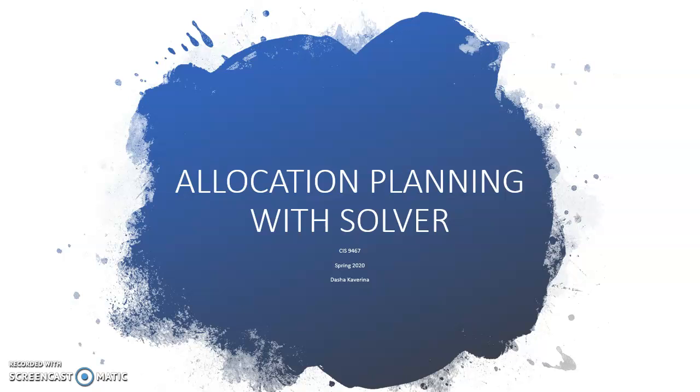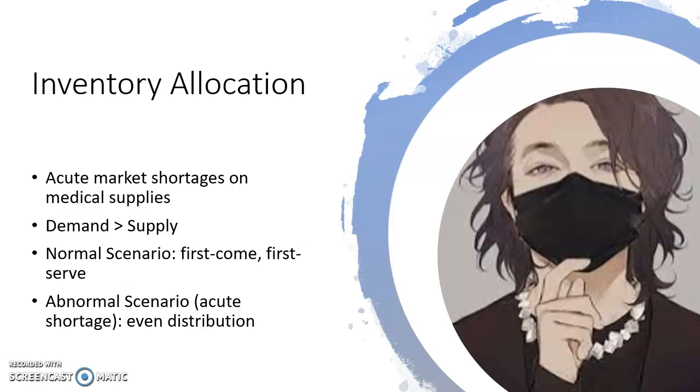The subject of my presentation is how we can use Excel Solver for better allocation planning. Now, I work for a medical supply company, and among my responsibilities is allocation of inventory that is in short supply.